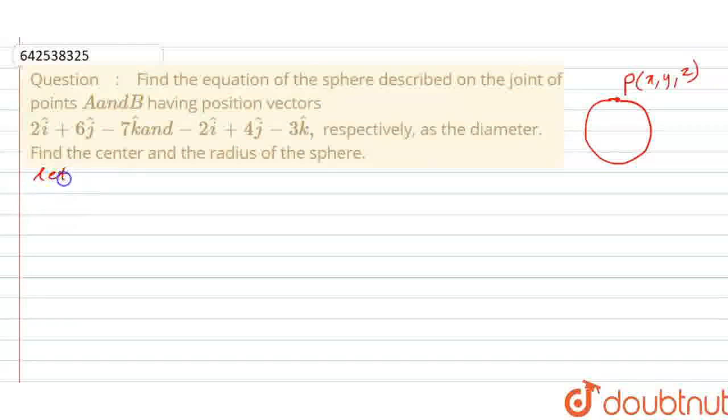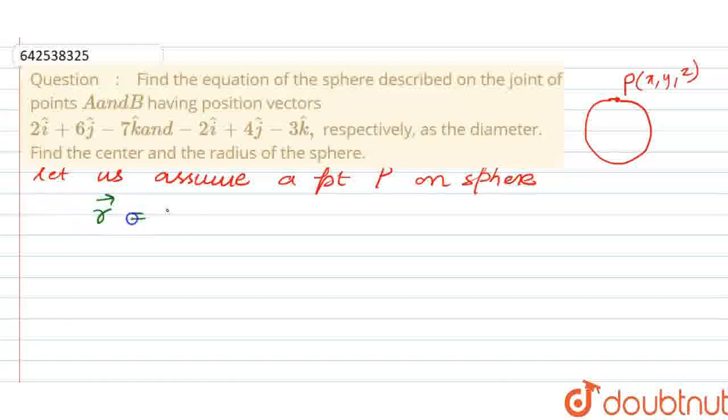Its position vector will be x i cap plus y j cap plus z k cap, and we are given that A and B form the diameter of this sphere.